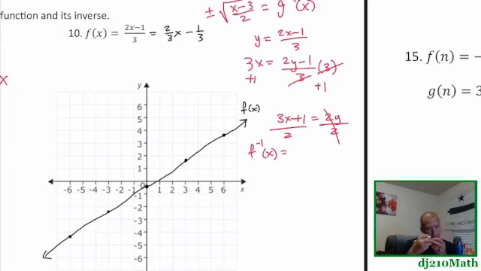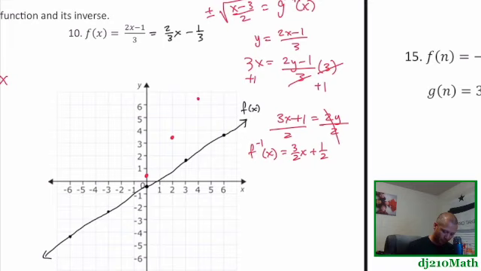So remember, you can separate the denominator: 3/2 x plus 1/2. Now, graphing this, the y-intercept is positive 1/2, up 3 over 2.